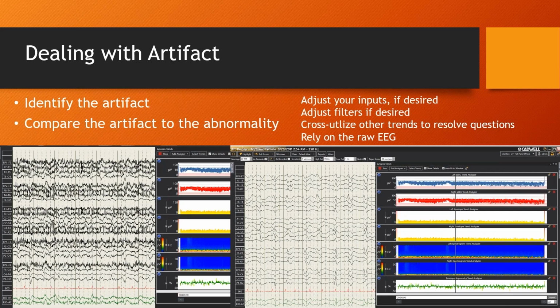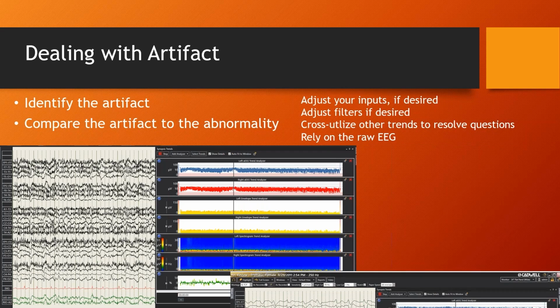Now, the question came up last week about dealing with artifact, and I wanted to kind of flesh that out a little bit because what we see a lot of times, I'm going to grab something and move that out of the way a little bit. So if we look at something that's got a lot of artifact in it, and we look at the trend, we've got an earlier peak.